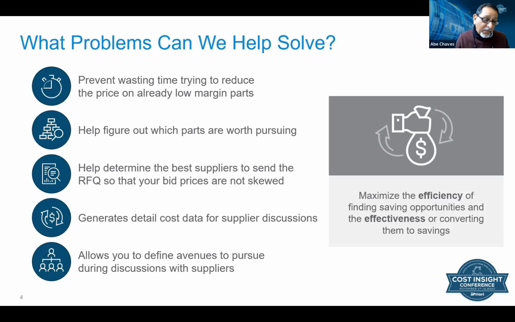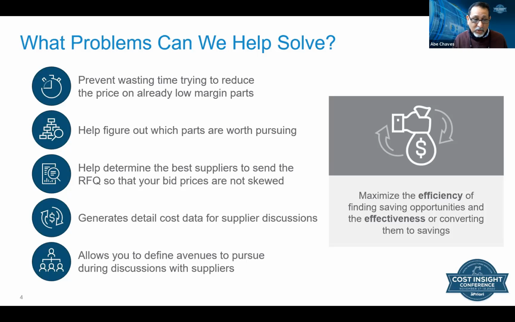And then we help you be more effective by giving you varying levels of detail on the cost and manufacturing information at each step of the process. So with very rich data, you can have much more meaningful conversations with the suppliers about the cost of a part. And those tend to be much more fruitful.